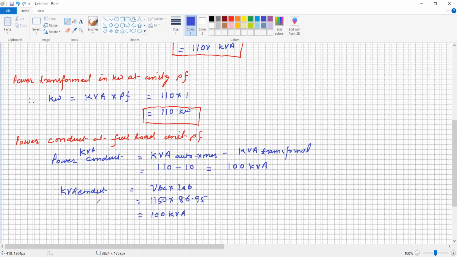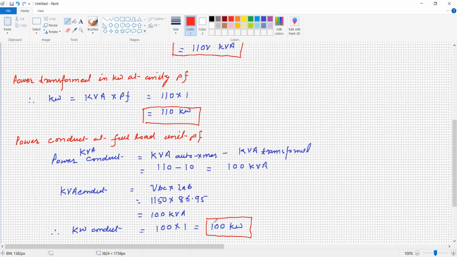So kVA conducted is 100 kVA. Therefore, kilowatt conducted is equal to 100 multiplied by 1, which is 100 kilowatt. So this is the next parameter as per the question. Okay. So these are the third one.